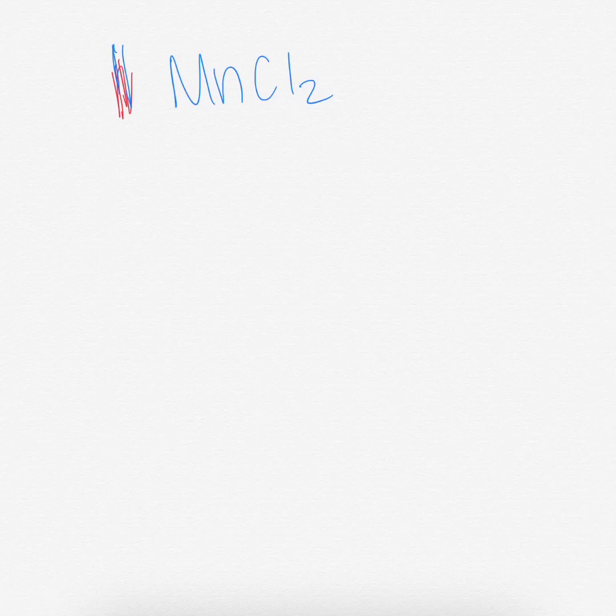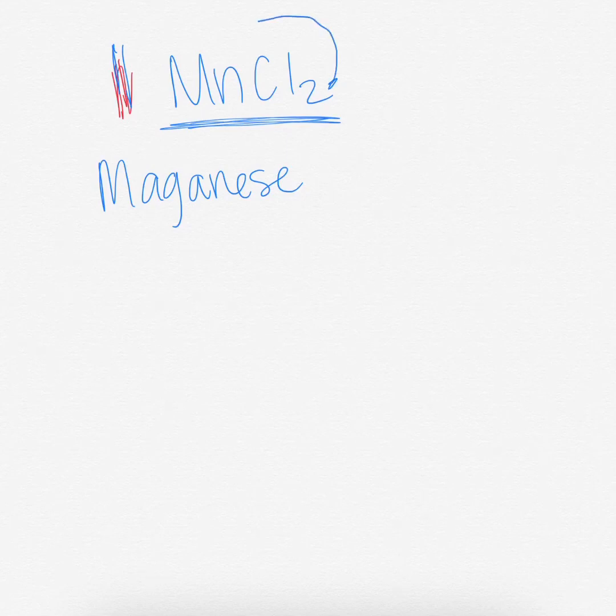MnCl2. So Mn, if you look at your periodic table, it's manganese. Yeah, so it's right in the middle of those transition metals. So I'm going to say manganese. And then they already swapped and dropped the charges. That means this 2 originally came from manganese.